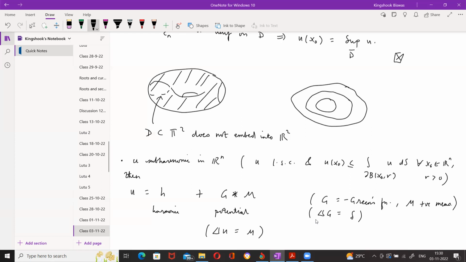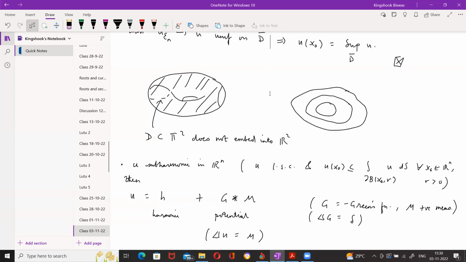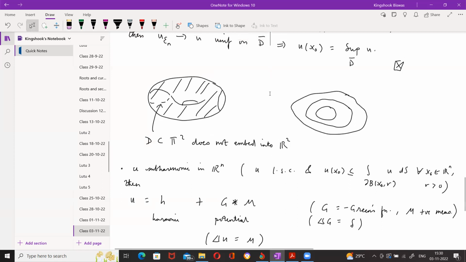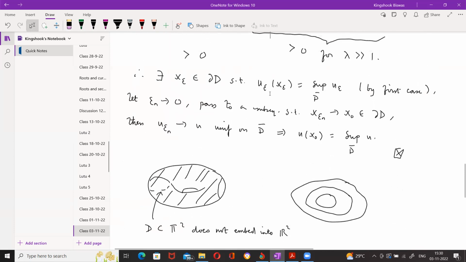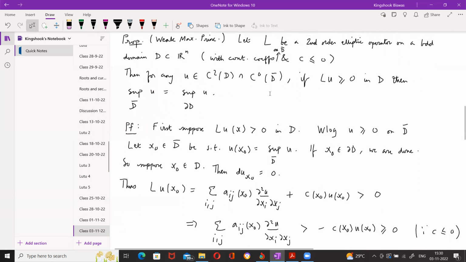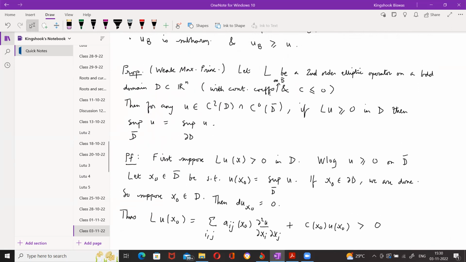I wanted to try a naive approach. Maybe it doesn't make sense, but for every chart we can get functions that are strictly subharmonic, strictly positive. Then maybe gluing them would help.